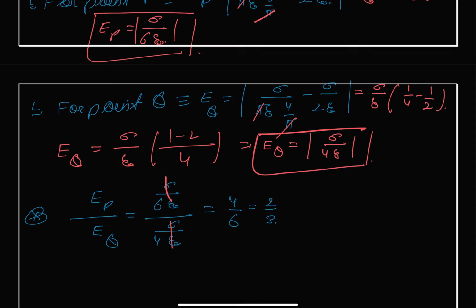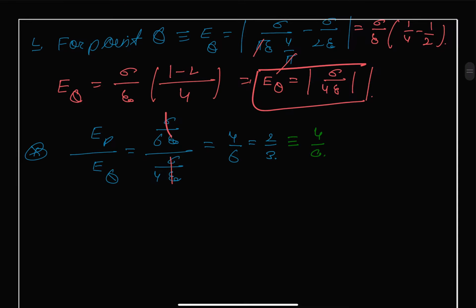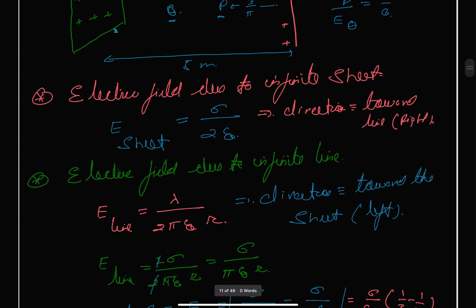But we are given that this ratio is equal to 4 by A. Therefore, we need to find out the value of A. So we can say 2 by 3 is 4 by A, and A will be equal to 2 into 3, that is 6. So the value of A is 6.